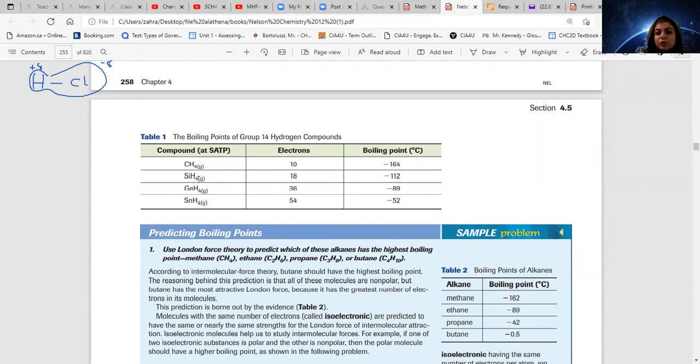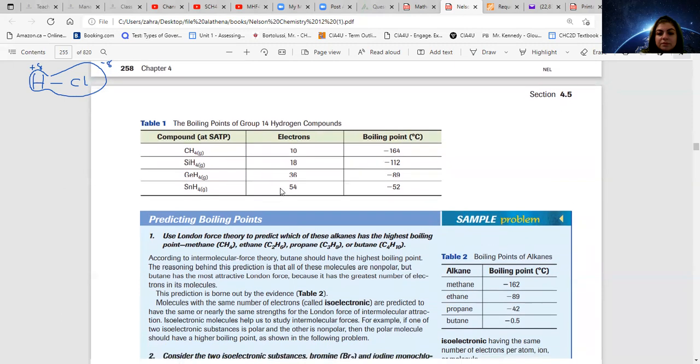They are non-polar, so the only force between them is the London force, which depends on the electrons and protons. So more electrons and protons means the London force attraction between the molecules is going to be bigger. So 54 is biggest, and that's why you have a higher boiling point for SnH4. The number of electrons and protons is much bigger than the others.